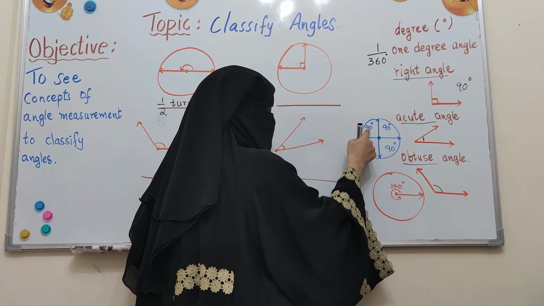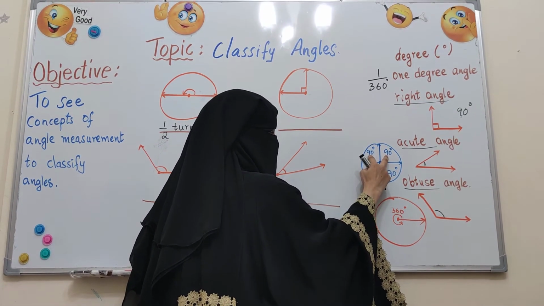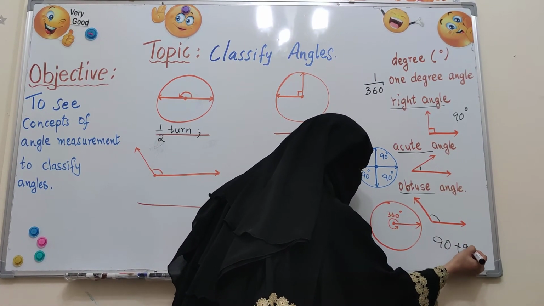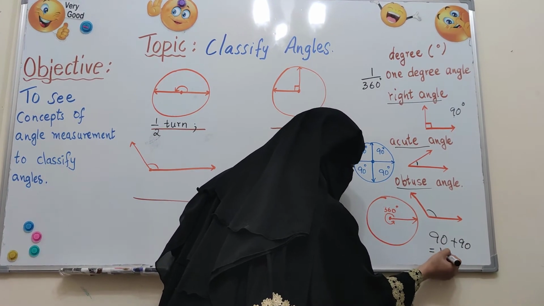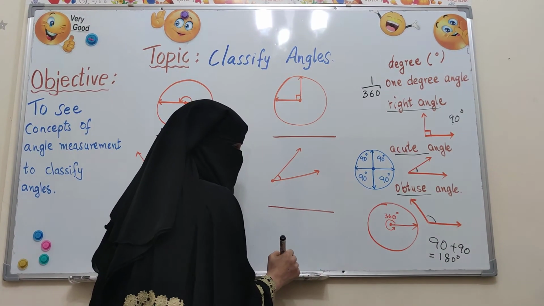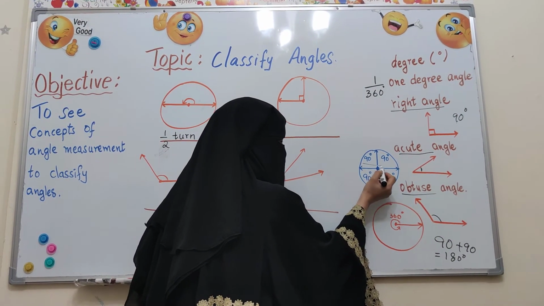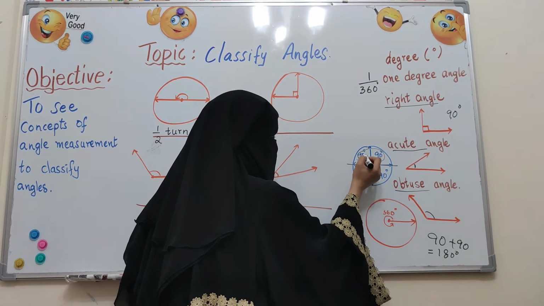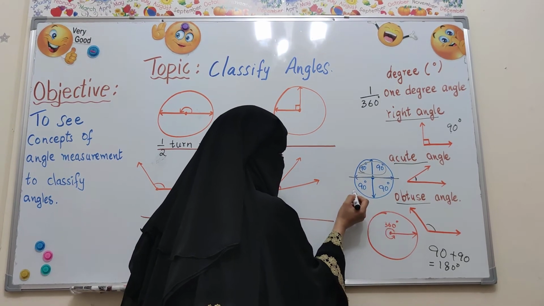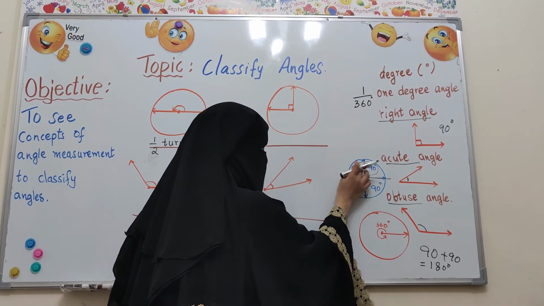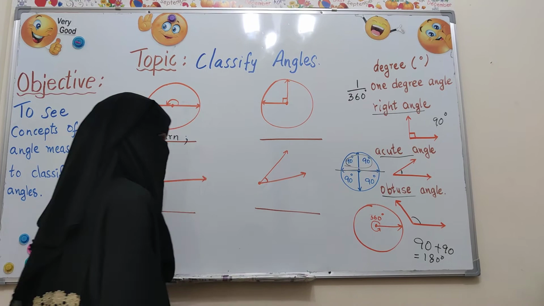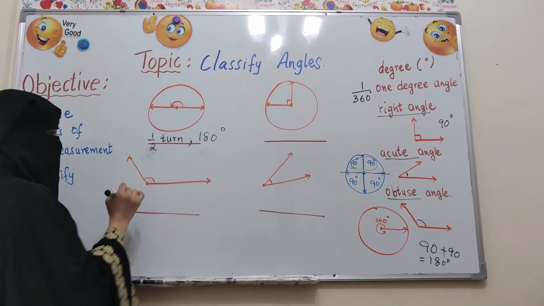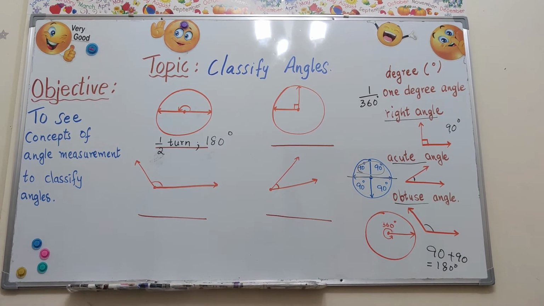This is 90 and this is 90. When I join these two, 90 plus 90, how much will you get? It is 180 degrees. That means these 2 make a half. 90 plus 90 and 90 plus 90. When you add all the 90s, you will get 360 degrees. Now here it is 180 degrees. This is how you measure the angle.